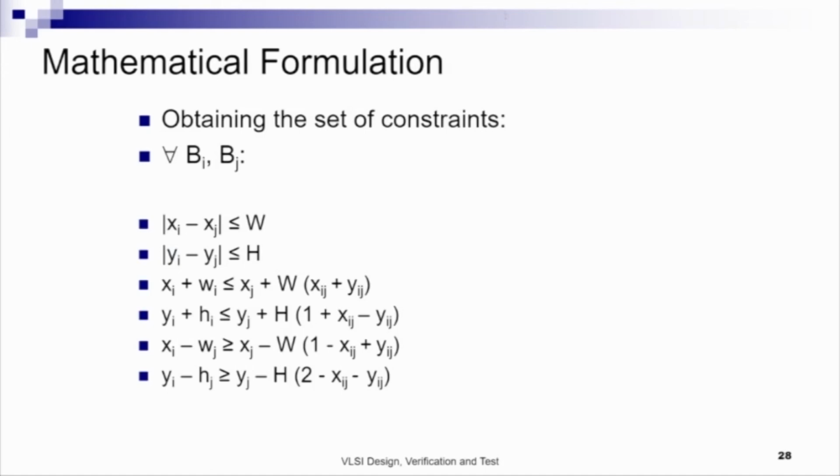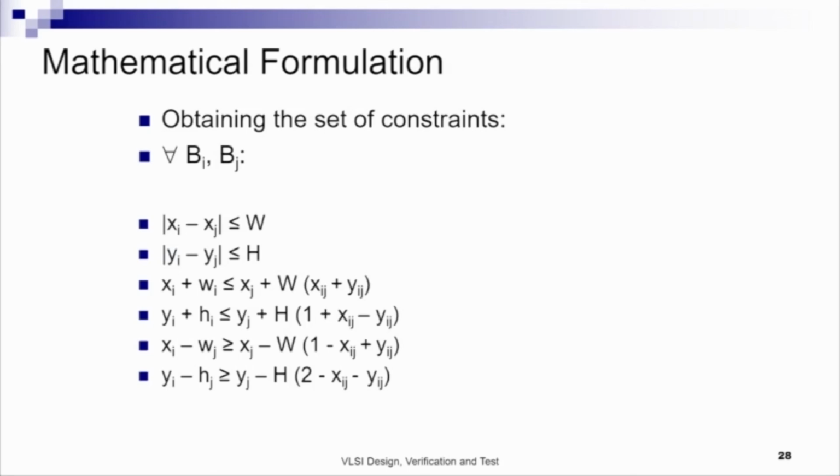And see that this is what happens here. If bj should be on the right of bi, then xij, yij is 0, 0, and hence W into xij plus yij is also 0. So, this will not be trivially true.